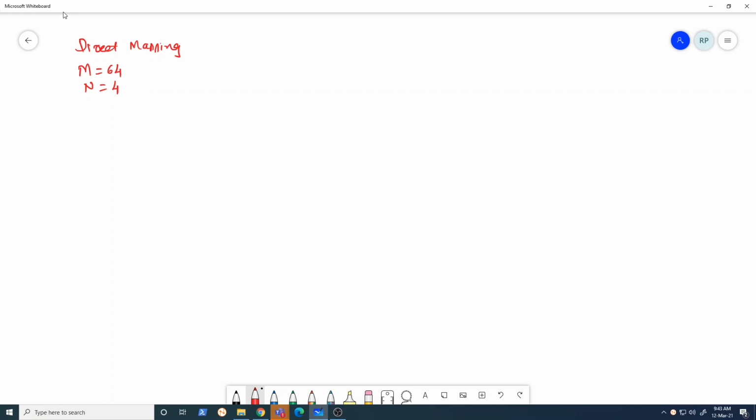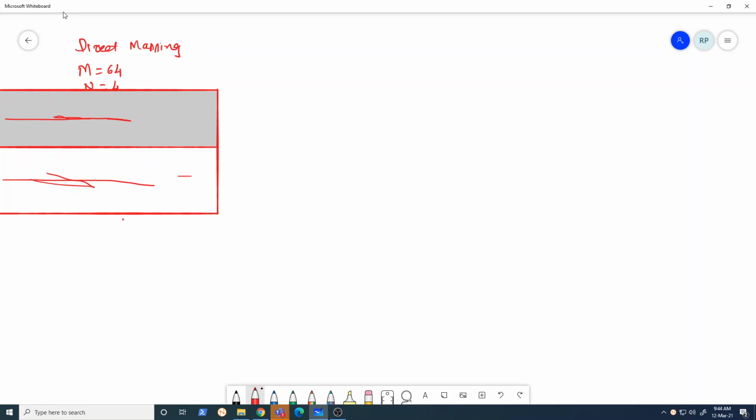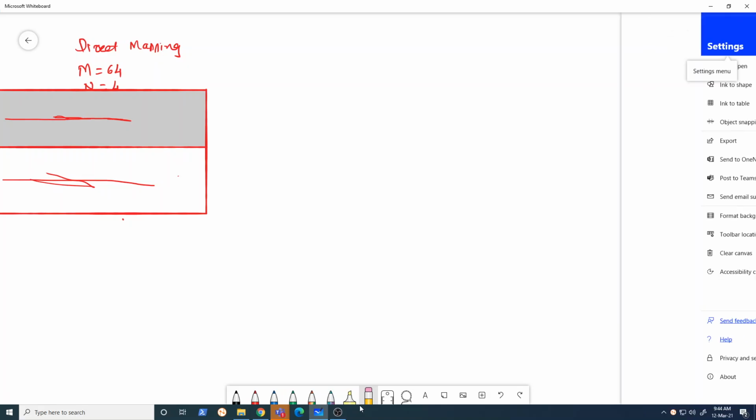To find out how many tag bits are required, you need to understand that for one cache memory block, how many main memory blocks are in competition. There are 4 cache blocks.